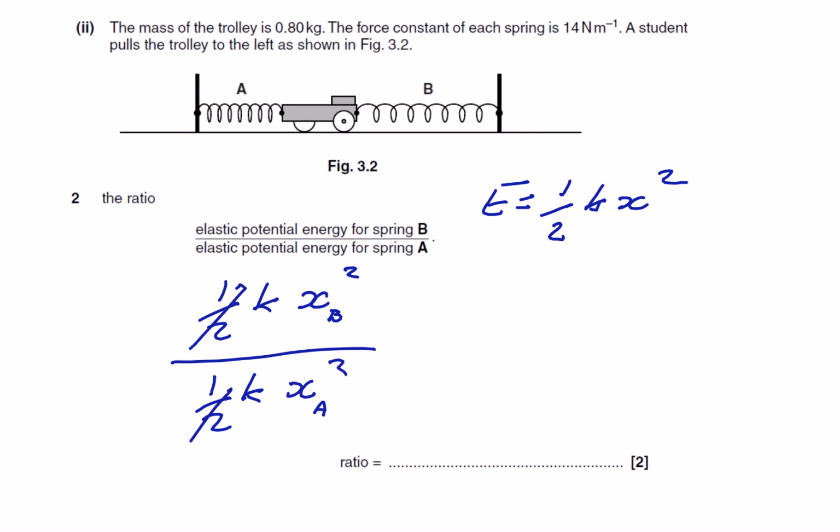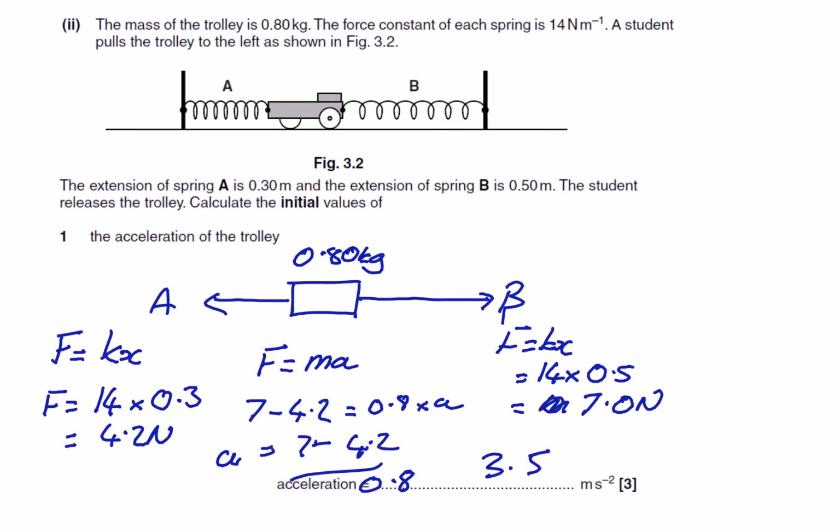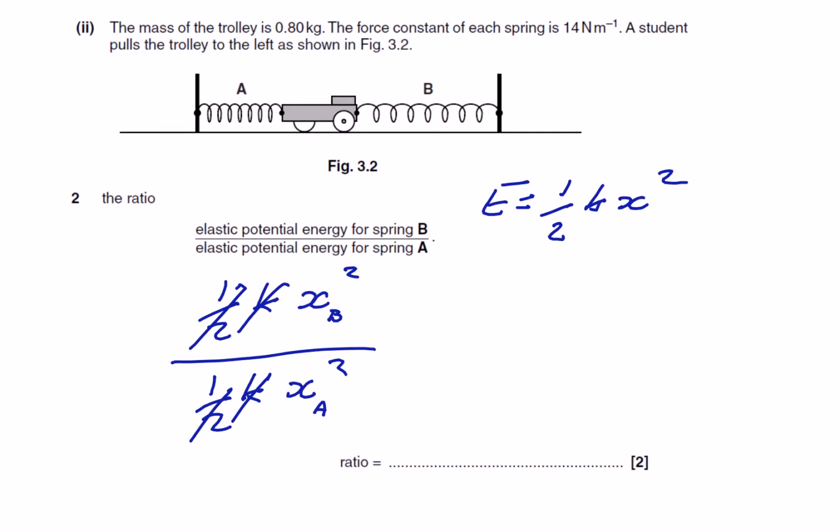What we'll notice is these halves cancel out, that k cancels out, and that just leaves us with this ratio, which is going to be the squares of the extensions. If we go back and find out what those extensions are, the extension of A is 0.3 meters and B is 0.5. So if we stick those in, that gives me 0.5 squared over 0.3 squared, and that comes out as being a ratio of 2.8.